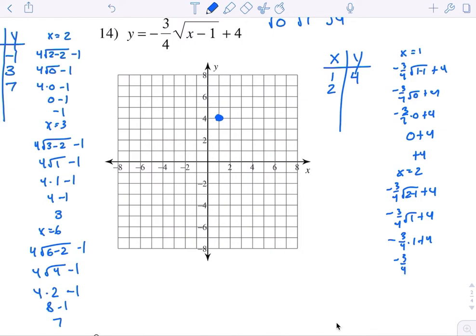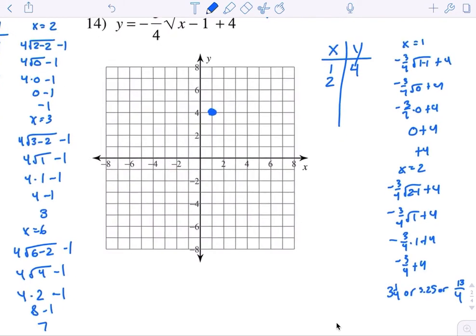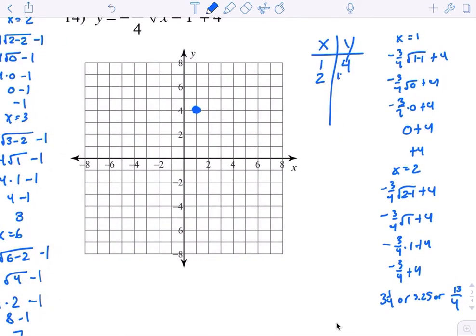Negative 3/4 plus 4, and that's going to give you 3 1/4, or 3.25, or 13/4. Any of that would work, but 13/4 is around 3.25. So (2, 3.25), which is right there.